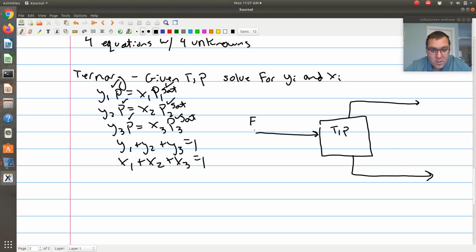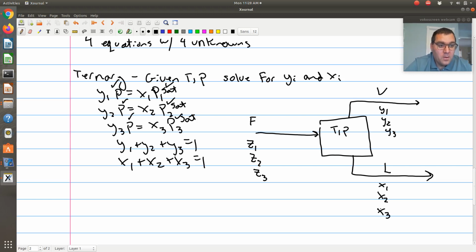In would go some feed of composition Zi: Z1, Z2, Z3. In both of these problems we were given the composition of our mixture. Then out I'd have a vapor of composition Y1, Y2, and Y3, and a liquid of composition X1, X2, and X3.